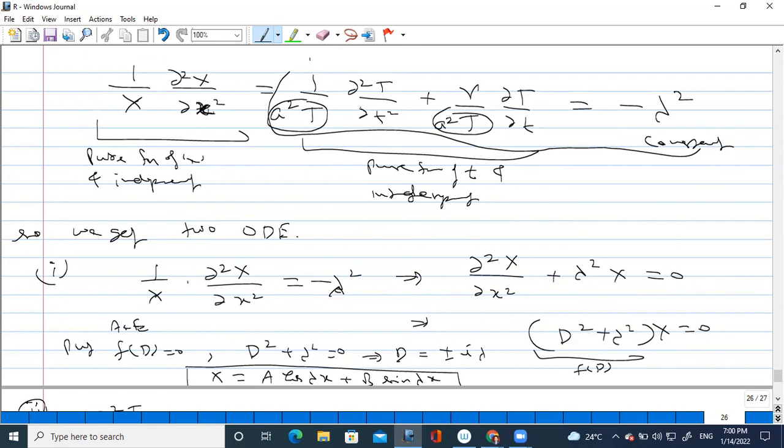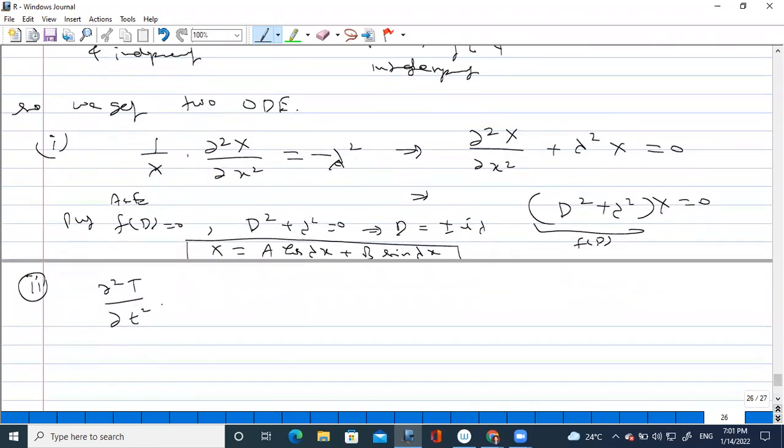So just I am writing del 2 t by del t square plus gamma del t by del t is equal to minus of a square t lambda, since a square t has come this side. So that will be coming this side.